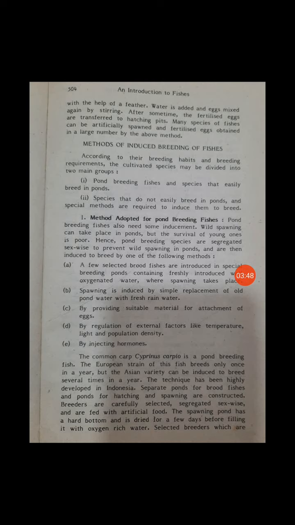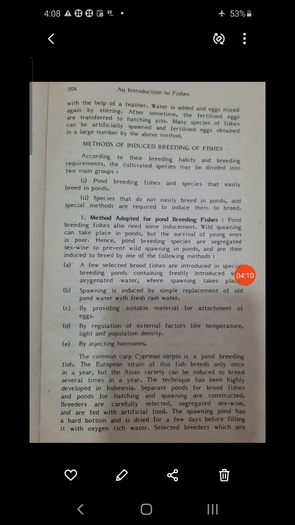Now, the second point, that is the method of induced breeding of fishes. Now on the screen you can see, according to their breeding habits and breeding requirements, the cultivated species may be divided into two main groups.